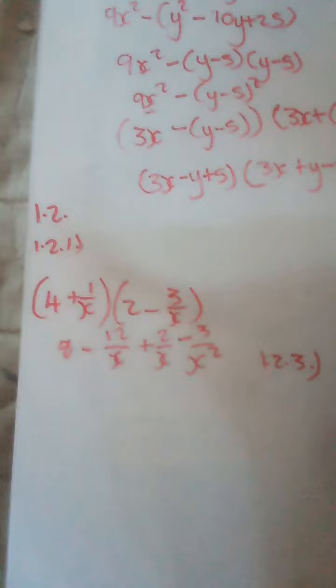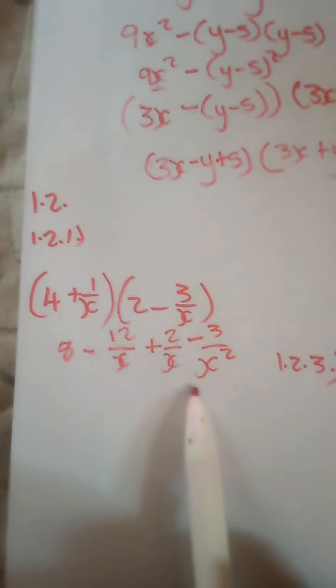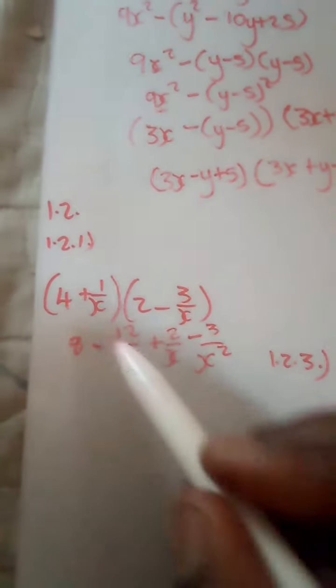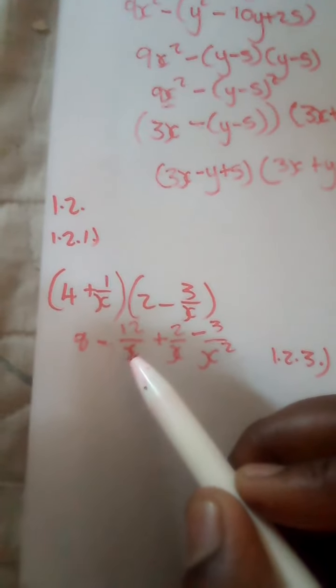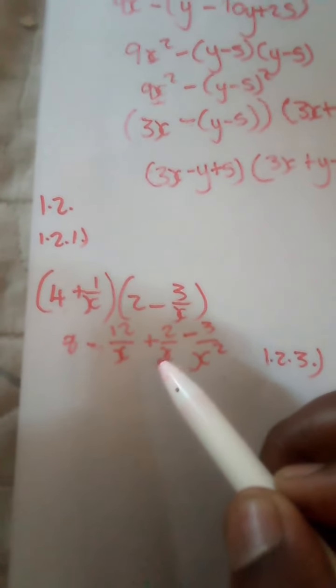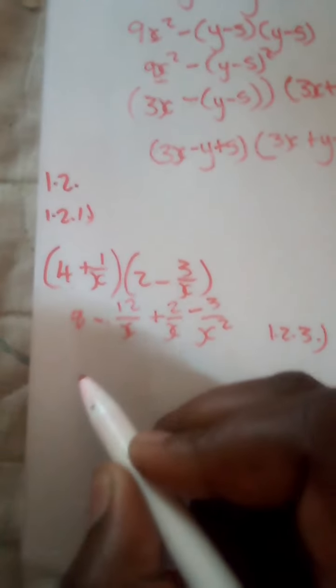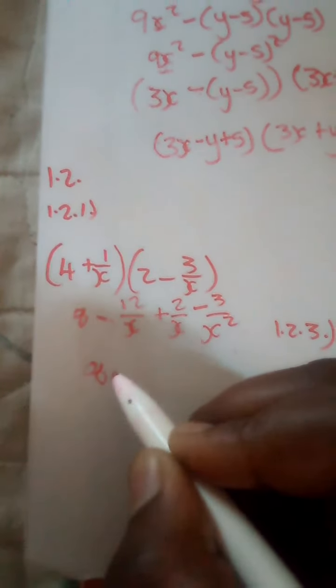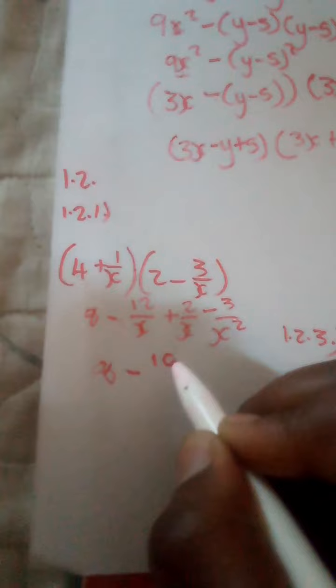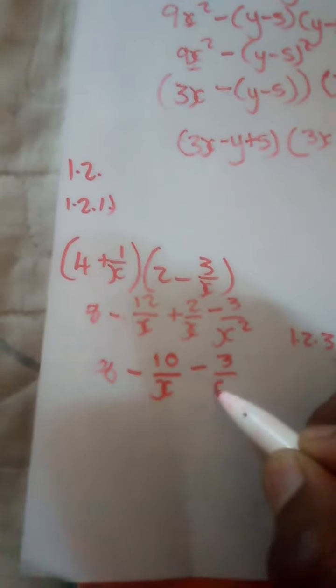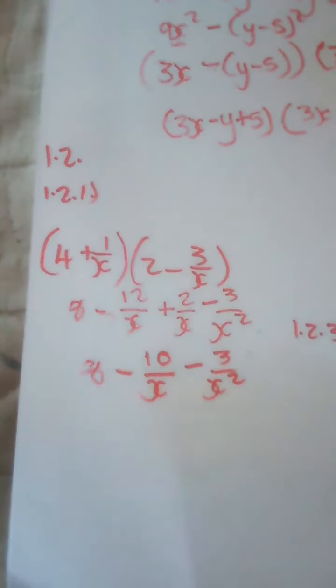Now our like terms are in the middle. All we have to do is add. So negative 12 over x plus 2 over x is negative 10 over x. So our final answer will be 8 minus 10 over x minus 3 over x squared. That will be our final answer.